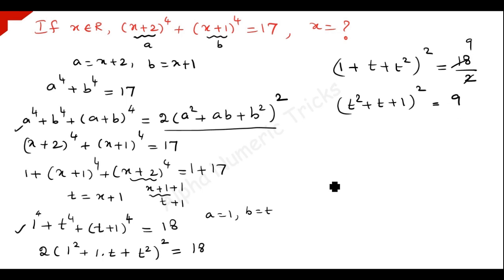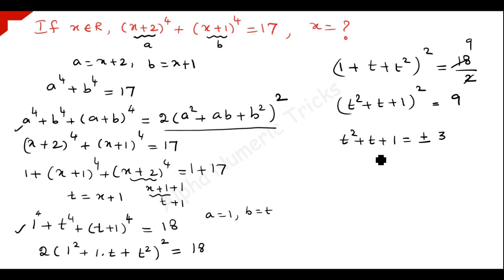So this value is equal to 9. Now we take the square root on both sides. So you have t^2 + t + 1 is equal to plus or minus the square root of 9, which is 3. When you take the square root, the square root and square get cancelled, and we have two possible values: plus 3 and minus 3.